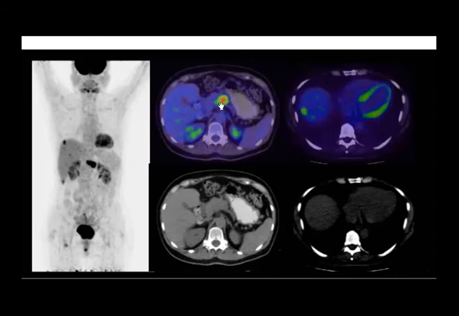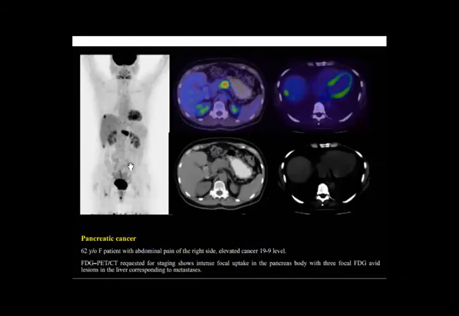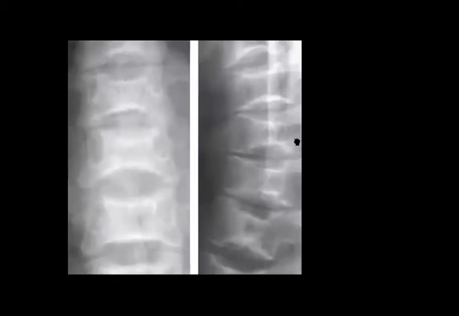So it's a typical case of pancreatic cancer with liver metastasis. It is an easy one. When you find elevated markers, you are searching for the primary, and to be honest, if you don't have the CT, it will be very difficult to detect the primary. But with the PET CT, it's very easy.